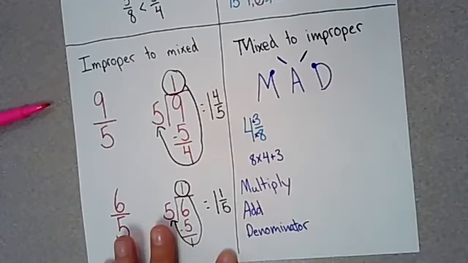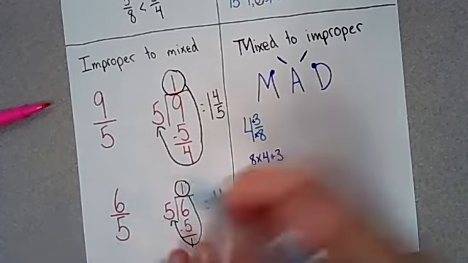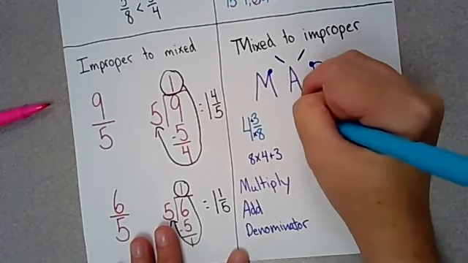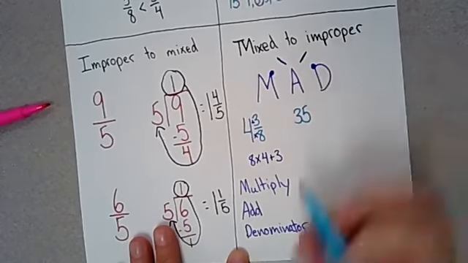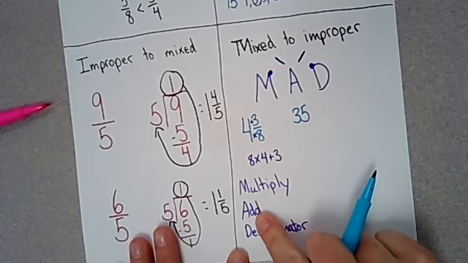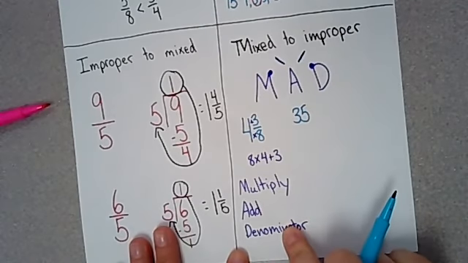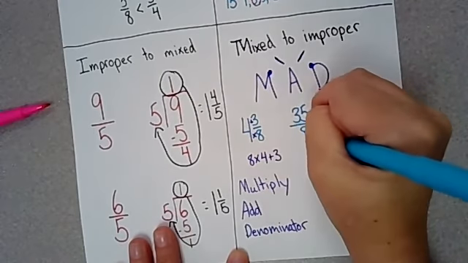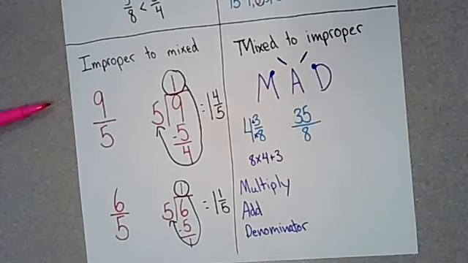So do that. 8 times 4 is 32, plus 3 is 35. So we multiplied, we added, and all you got to do now is put it over the same denominator. You got mad at it.